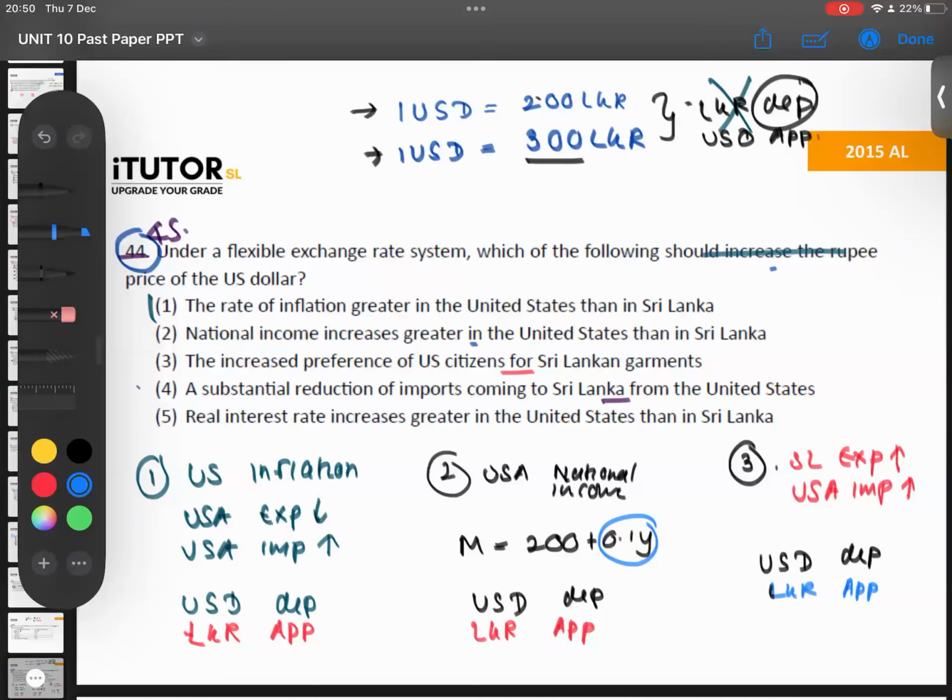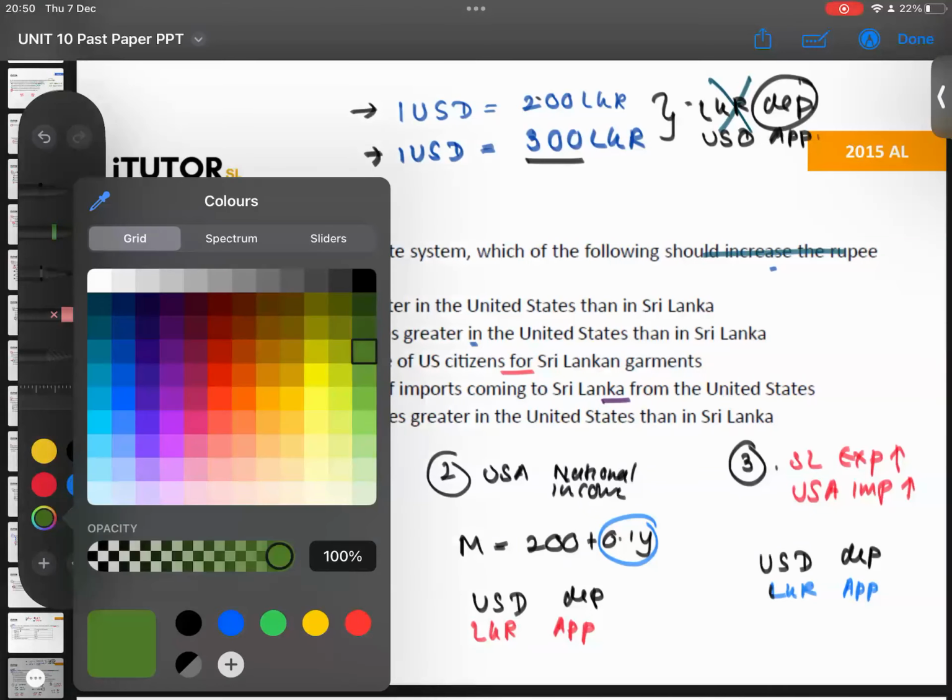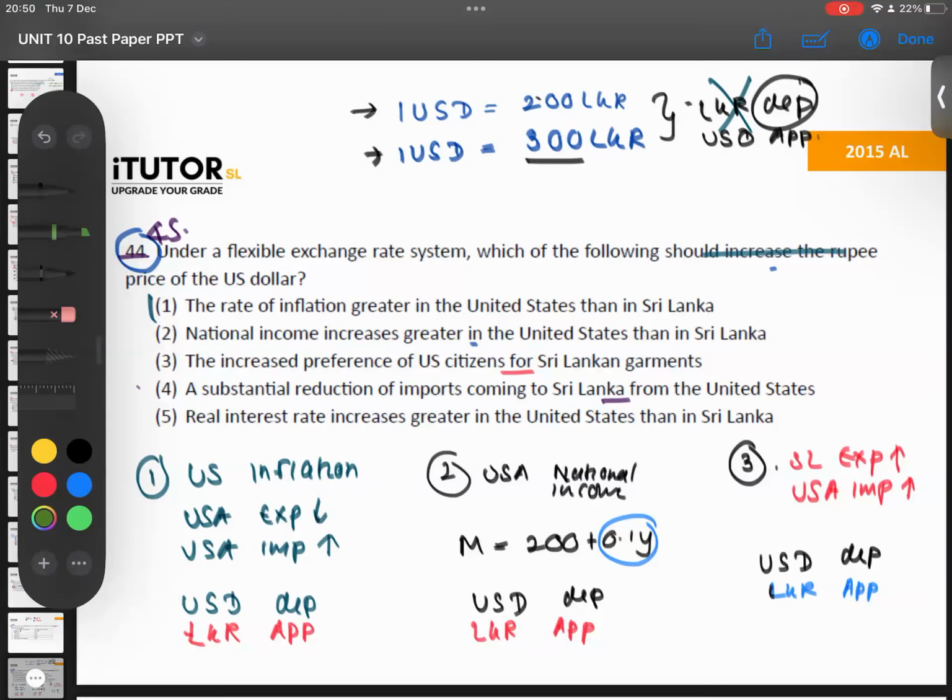Okay. Guys, that's the third time I went through the second one. I'll come to it after class if you have a doubt. Fourth one: a substantial reduction in imports coming to Sri Lanka. So Sri Lankan imports have come down.